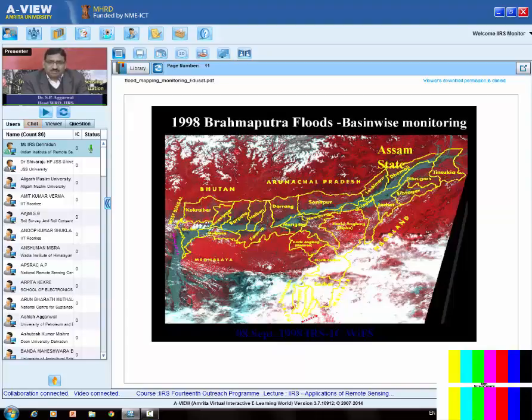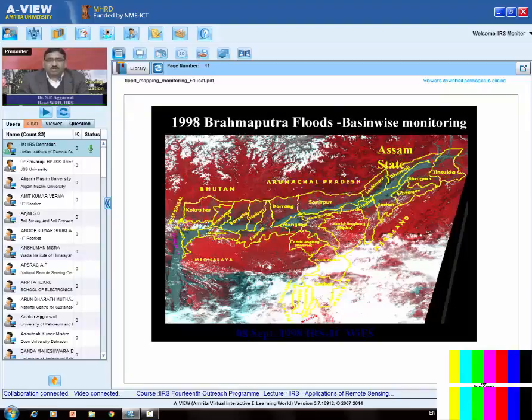Once it is done, then in your GIS environment, you have different layers like state boundary, block boundary. You simply superimpose, overlay. Once you overlay, the situation arises like this. Your attention here. This is a satellite image. Now, it is georeferenced.